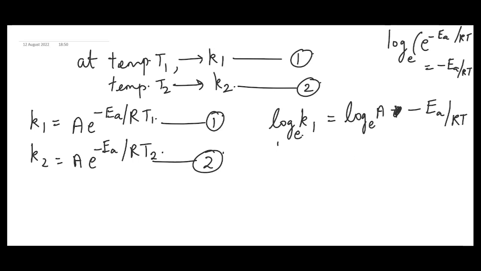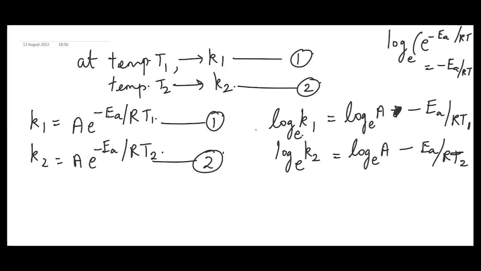Similarly, for equation number 2, we get log of K2 is equal to log of A minus EA by RT2. This is T1.